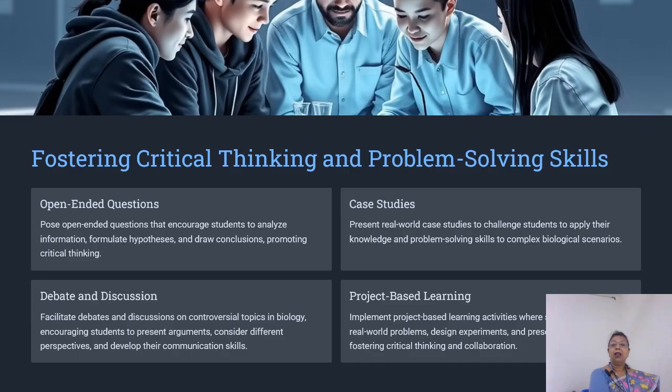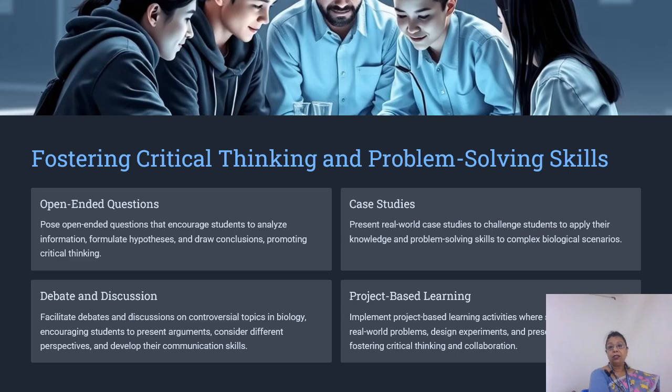Next slide: fostering critical thinking and problem-solving skills. Critical thinking is essential for biology. Open-ended questions, case studies, debates, and project-based learning push students to think deeply and apply their knowledge.